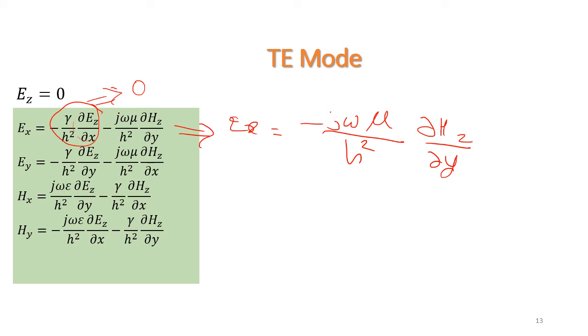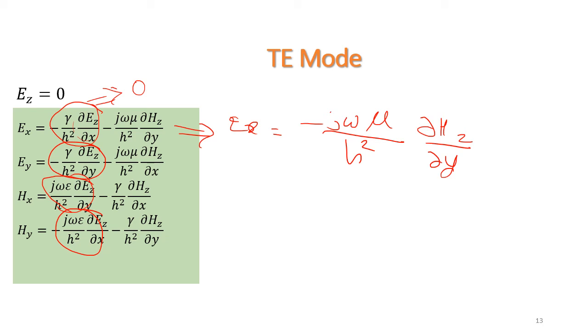Similarly, in Ey, the first term will be 0. In Hx also, the first term will be 0, and in Hy also, the first term will be 0. Only the second term remains. Ex is minus j omega mu upon h square, d bar Hz upon d bar y.